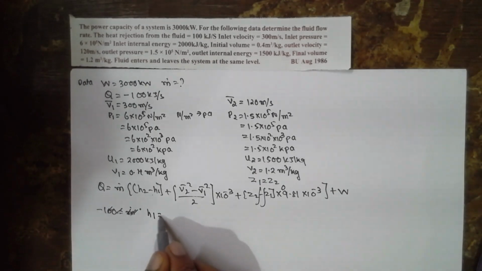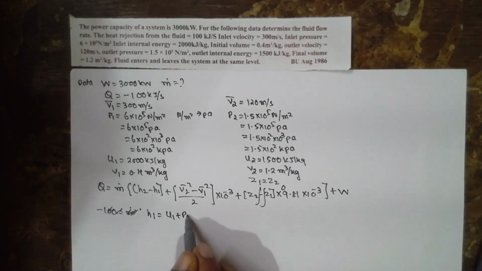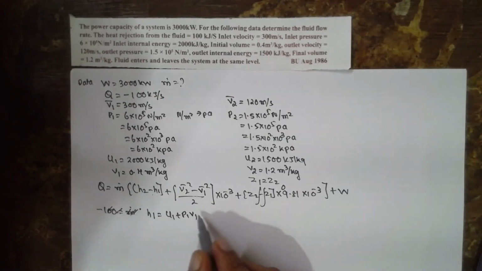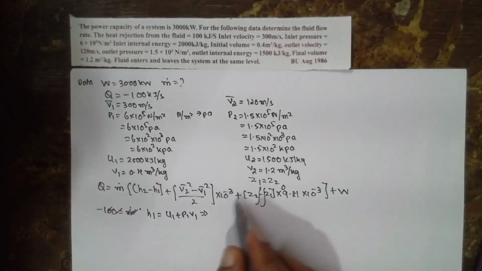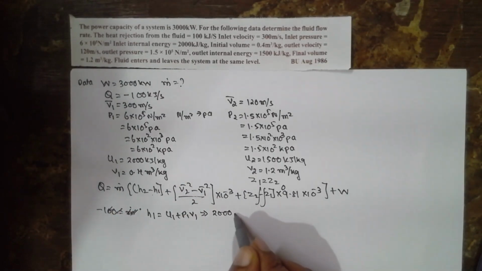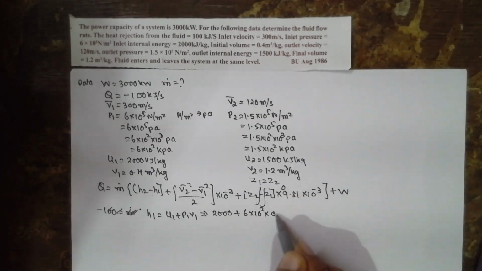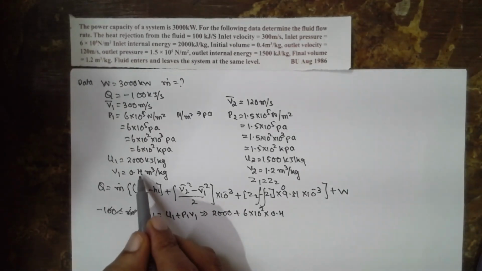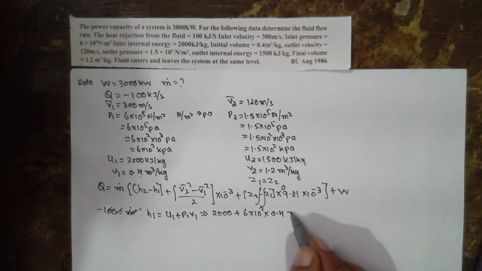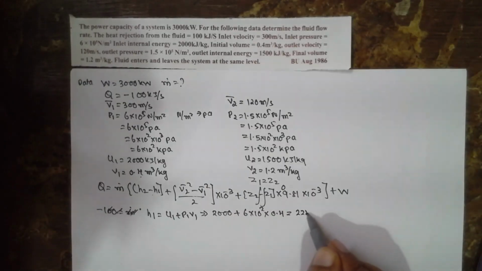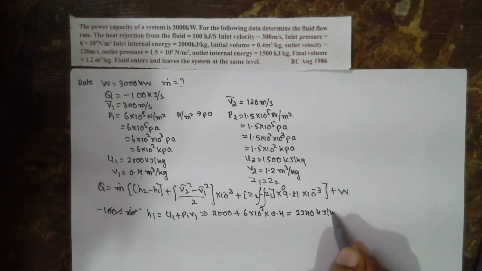We know that H1 is nothing but U1 plus P1 V1. Substitute the values: 2000 plus 6 into 10 square into V1, which is 0.4. You will get 2240 kilojoule per kg.